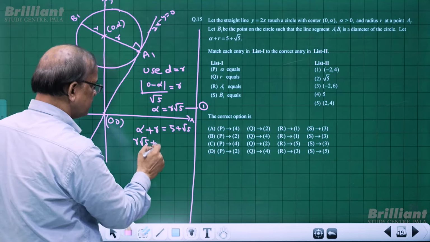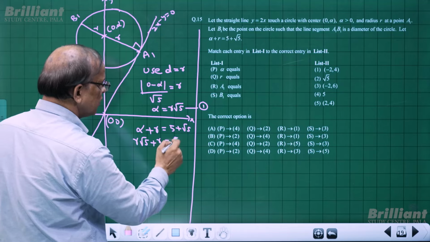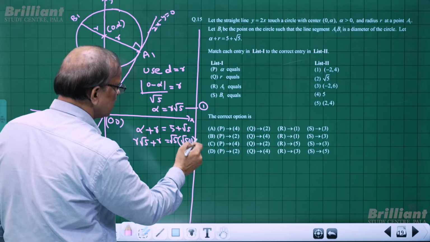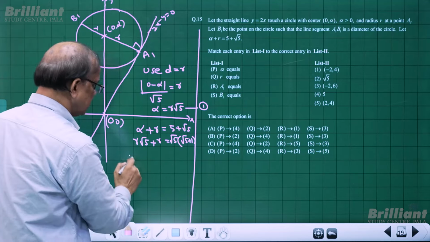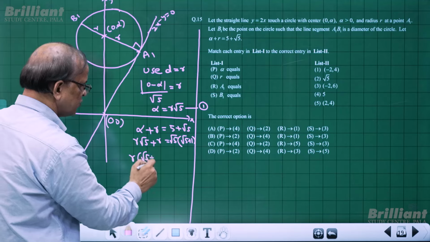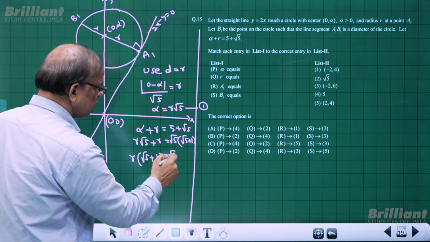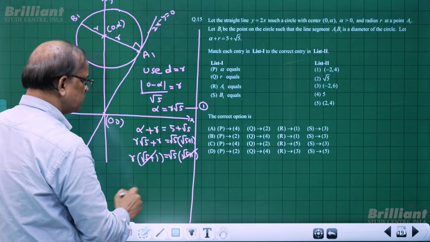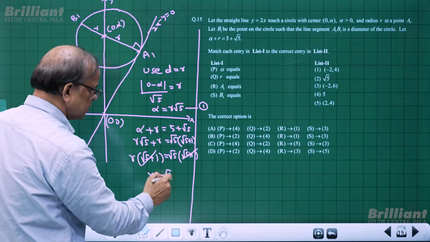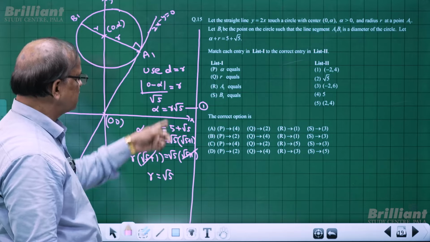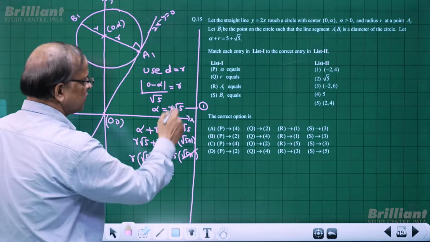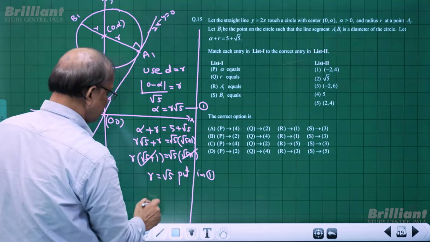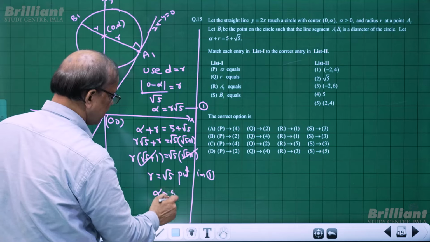So r root 5 plus r is equal to, here also r is common, r into root 5 plus 1, that is equal to root 5 into root 5 plus 1. So root 5 plus 1 cancels, r is root 5, and substituting in 1, alpha is root 5 into root 5, 5.